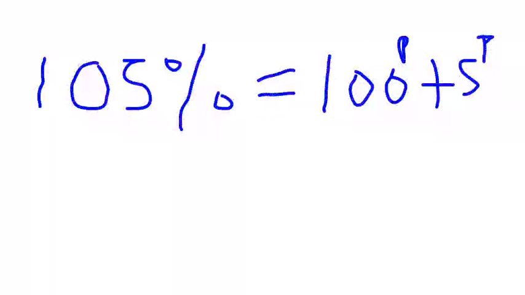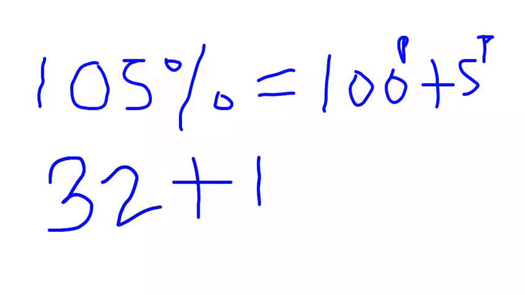So you would say 105% of 32 is nothing but 32 plus 1.6. So this becomes 33.6, and then you just multiply it by 100.